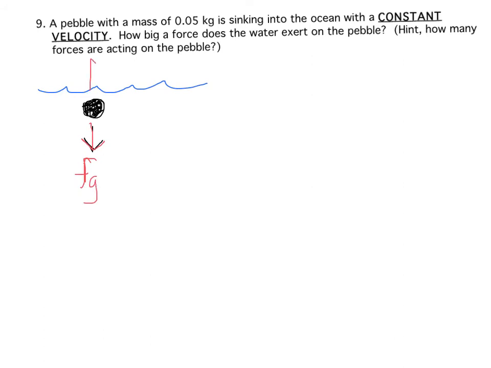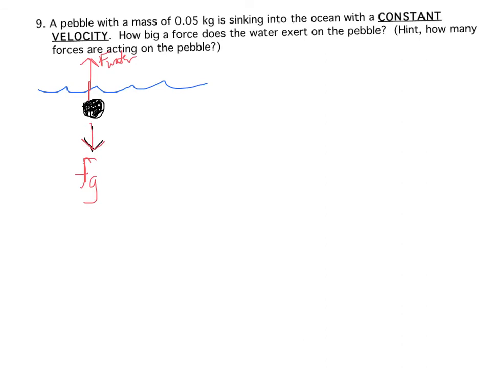There is the force of the water pushing back on that pebble as it falls through the water. We're not going to worry too much about any other outside forces, though there could be current or other forces acting on this pebble in any direction. But these are the two we want to think about right now: the weight of that pebble being pulled down because of gravity, and the force that the water is pushing back up on the pebble.